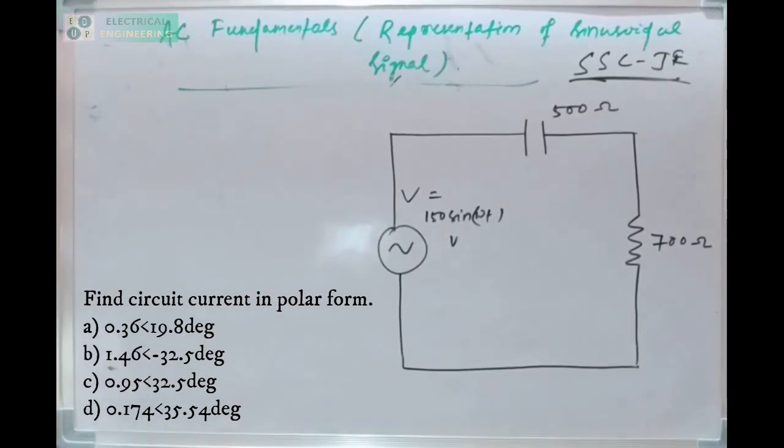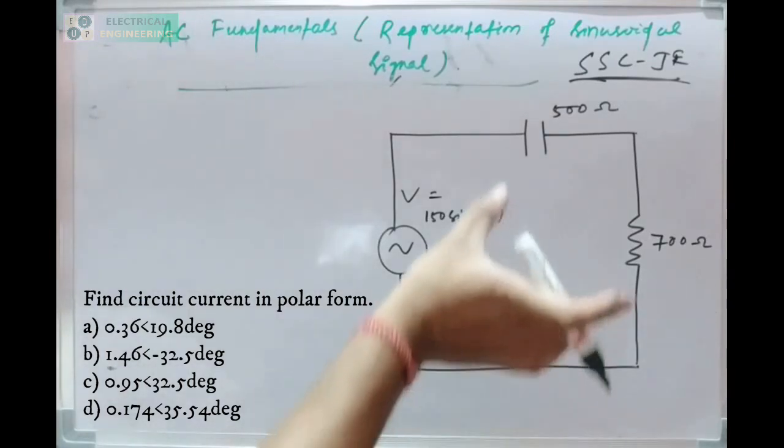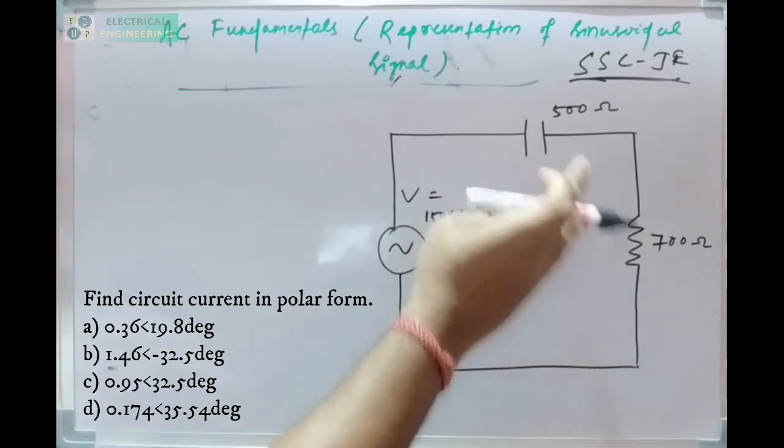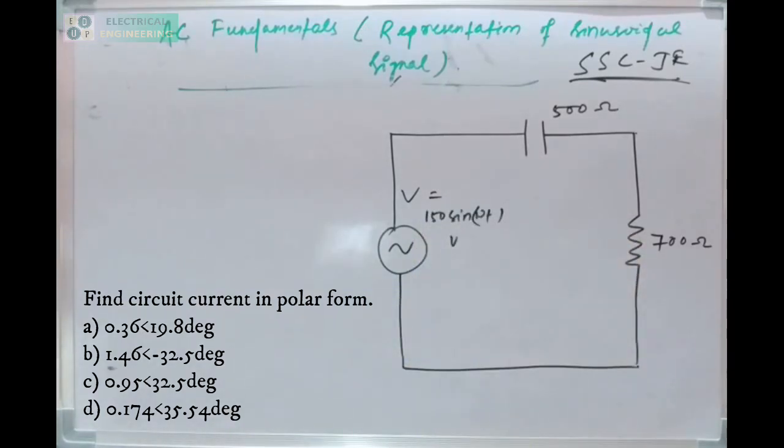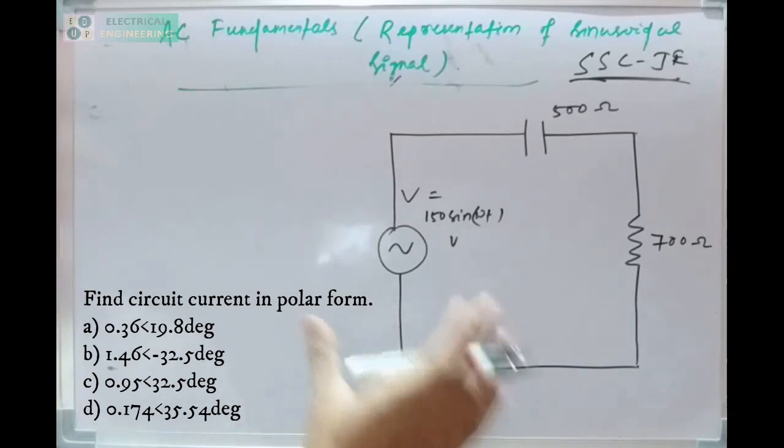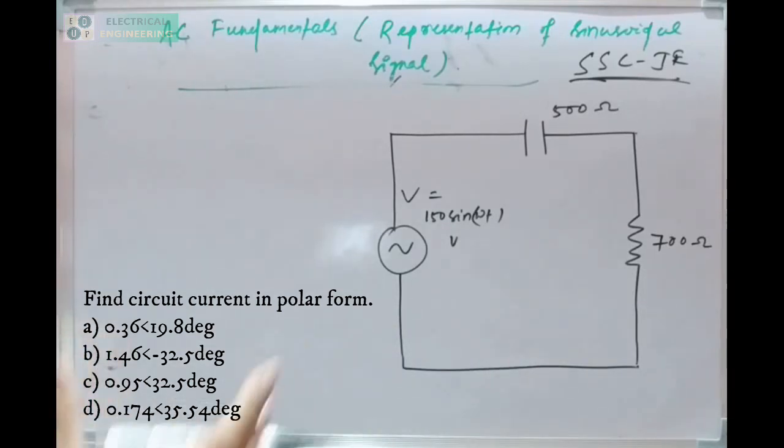Before we solve this, observe this diagram. Okay. We can write this resistance and capacitance in complex form, right? We will study it in later classes, but this is important because of the polar form of waveforms.